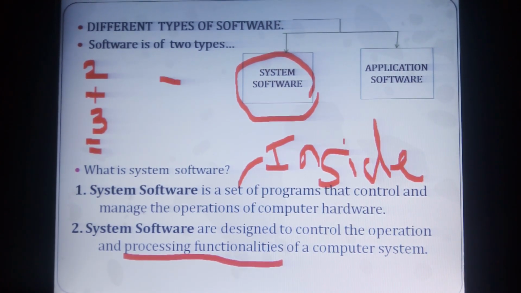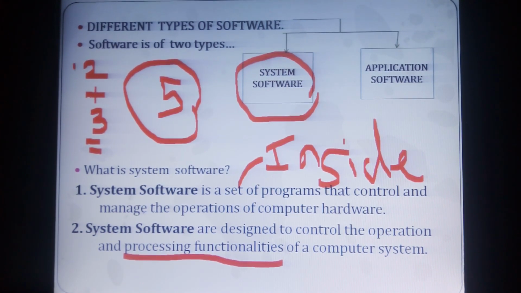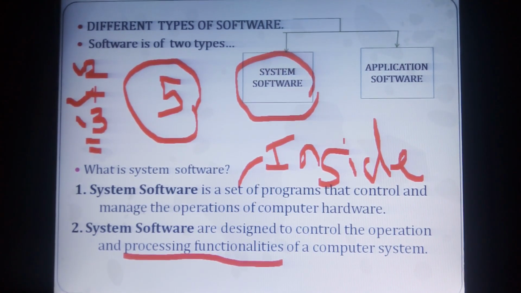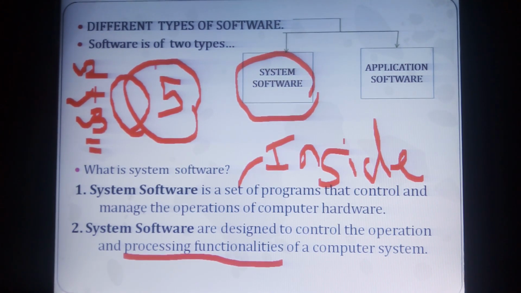What result will come? The result will come as 5. How does it come? This is the processing functionality. These instructions are entered using a keyboard, the computer processes them and gives the result back to us, which is the number 5.